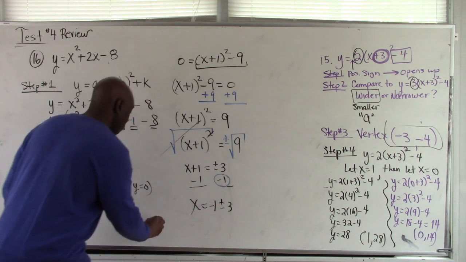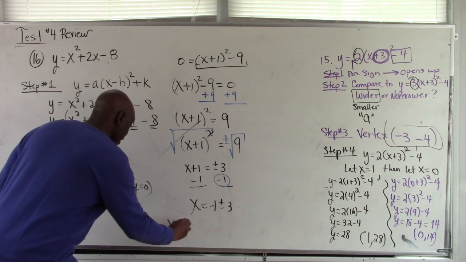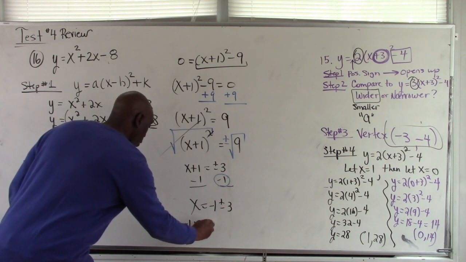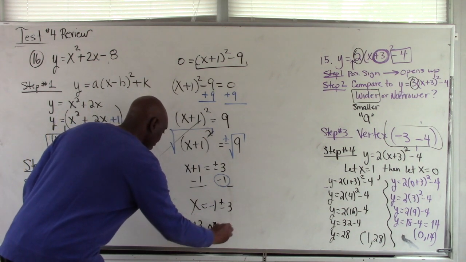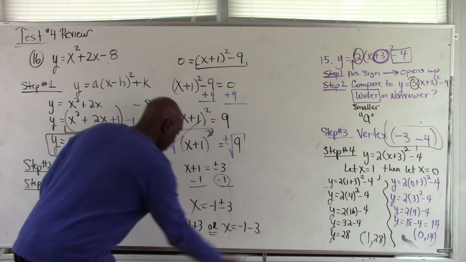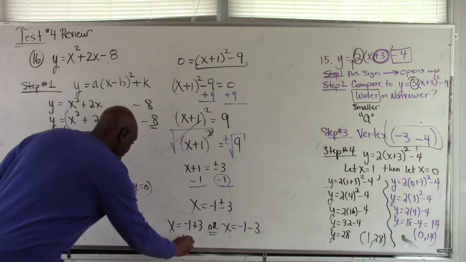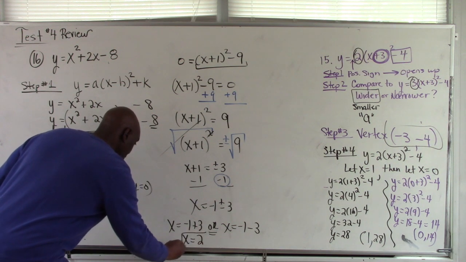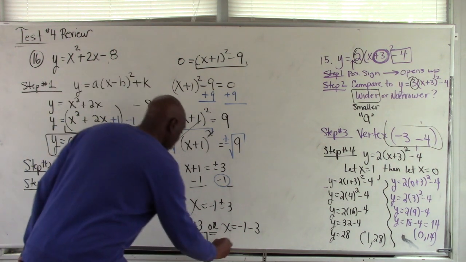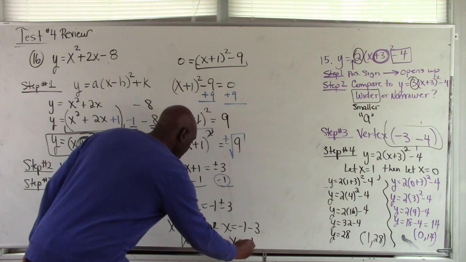Split it up. So x equals negative 1 plus 3, or x equals negative 1 minus 3. Which means then that x has to equal 2, or x equal negative 4.